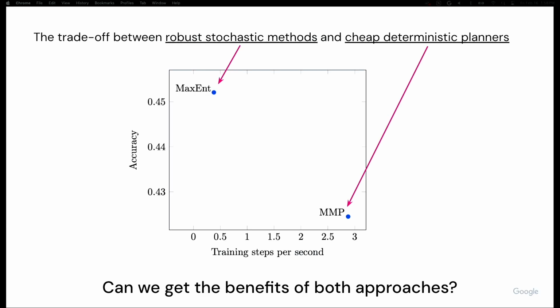The key insight of RHIP is that if you look at existing algorithms, there's often this trade-off between the use of cheap deterministic planners, like in MMP, and robust, yet expensive stochastic policies, like in maxent. And the question is, can we get the benefits of both of these worlds?